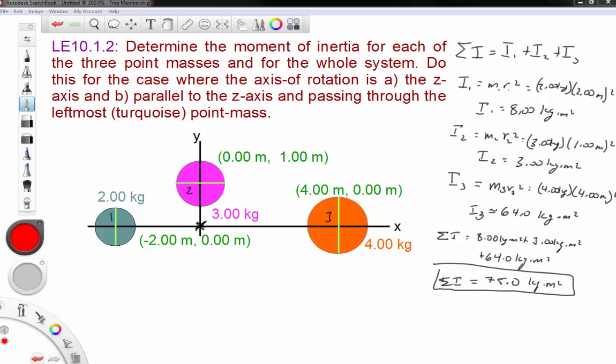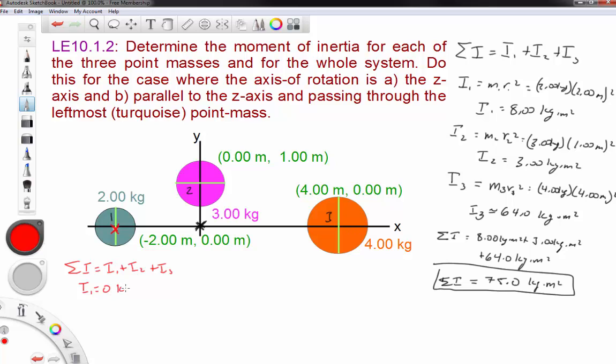What happens, though, if instead we make our axis of rotation be located right here? So if our axis of rotation is located over here, then we have to figure out how far away each one is. So we still can write that the total moment of inertia is I1 plus I2 plus I3. And now what we have to do is figure out how far away each of these guys is. Well, for I number 1, we would get a moment of inertia of 0, because this object is located in the same spot as our axis of rotation.